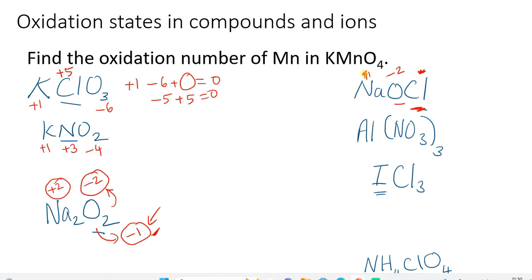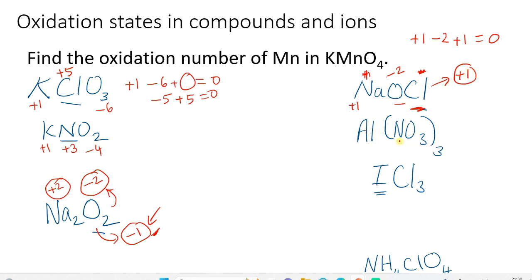We know the priority atom for this. Now we don't know about chlorine. Chlorine can vary. So this is +1 and -2, and I need to get a 0 here. So the chlorine is going to be +1. Okay, so chlorine has got an oxidation state of +1.